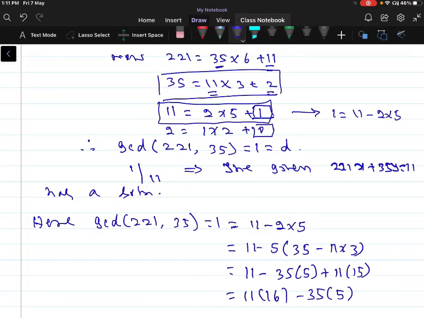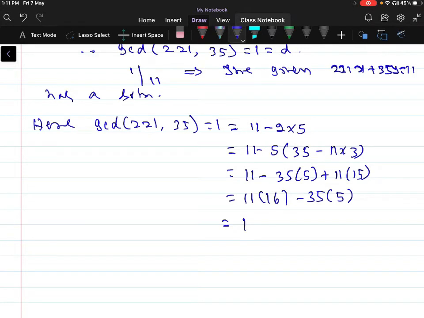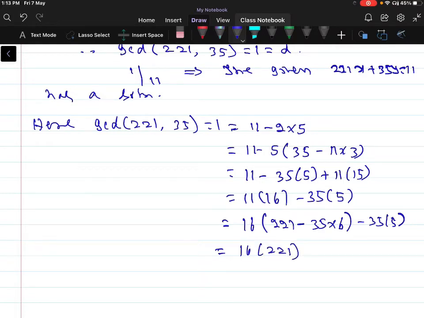Now 11 can be written as 221 minus 35 into 6. So this is equal to 16 into (221 minus 35 into 6 minus 35 into 5), which is equal to 16 into 221 minus 35 into 6 into 16 minus 5 times of 35. So that can be written as 35 into 101.